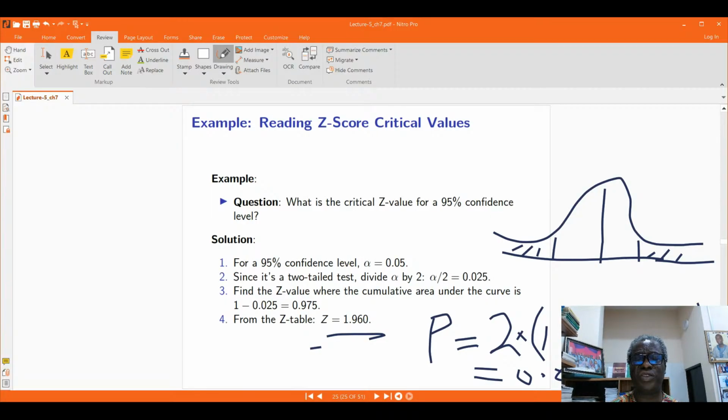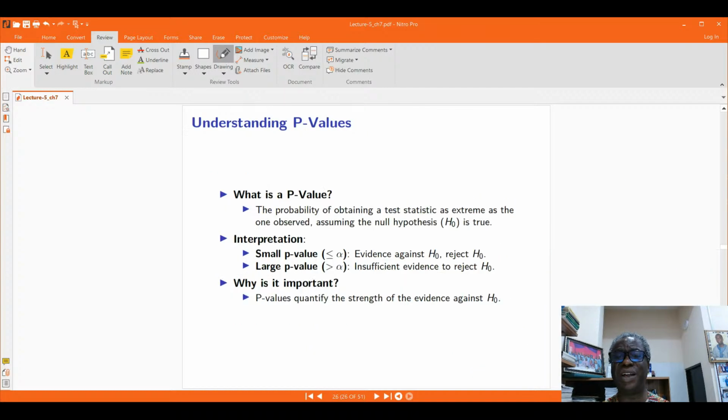So that is the p-value, but the critical value is 1.960. So we could either take a decision based on the critical value or based on the p-value. If we go by the p-value, we've said that we will compare the p-value with the alpha value.